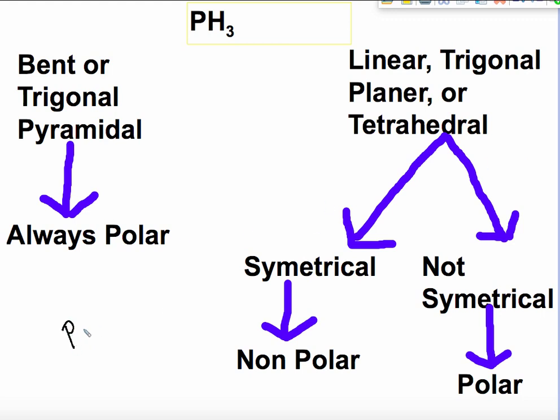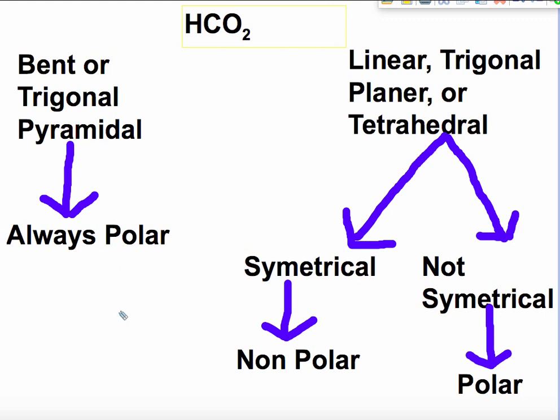All right, so we go P, H, H, H, and then there'll be a lone pair up here. And so if you count, that's 4 domains, and so that's going to be trigonal pyramidal. And because it's trigonal pyramidal, we know that it's polar. All right, let's try another problem.